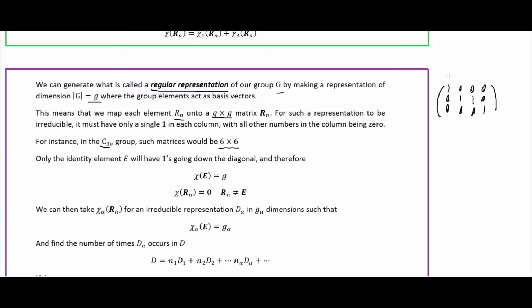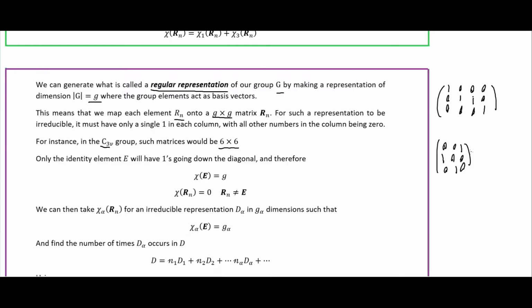So each column only has a single 1 in it, and so these act as permutation matrices. In the previous video, or maybe a couple videos ago, I don't remember which, we saw that matrix that was like 0, 0, 1, then 1, 0, 0, then 0, 1, 0, and we saw that it just permuted the basis vectors.